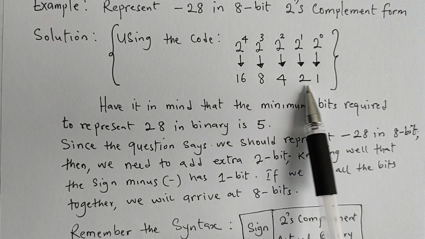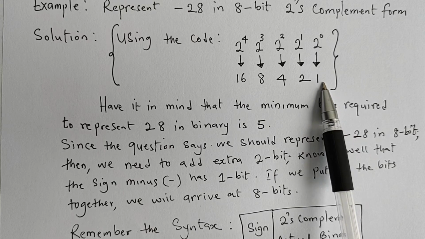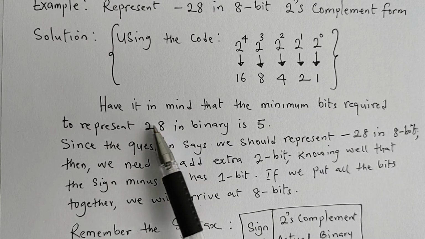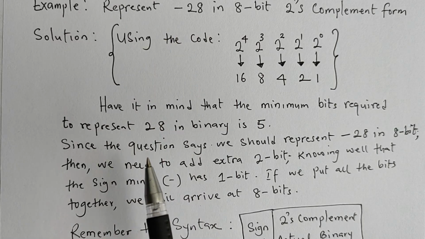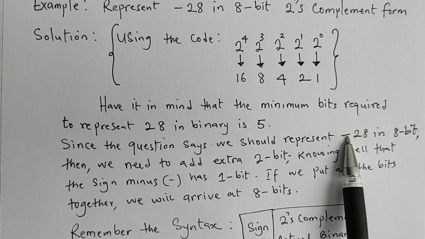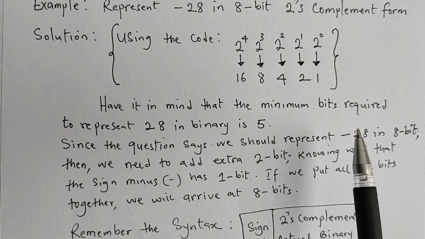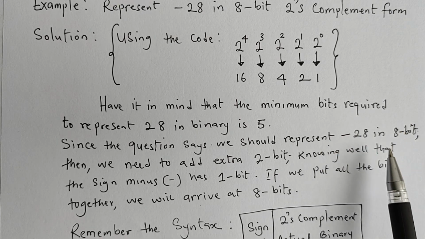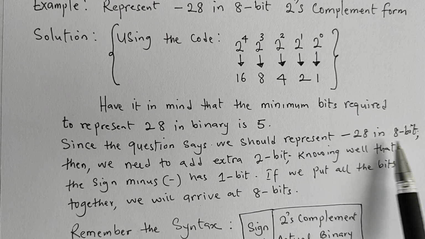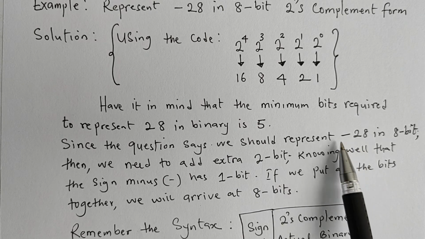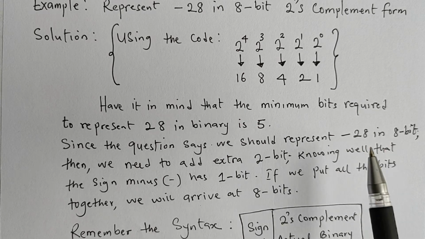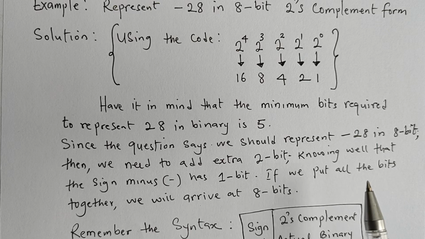You have 5 as the minimum number of bits required to represent 28. Then you have 1 bit which represents minus. So that's 6. Then you need to add 2 more bits, which gives you 8 bits. The extra 2 bits you need to add are nothing but zeros. So we're going to do 0 padding, padding with 0 from the left-hand side. That is what we're going to do.